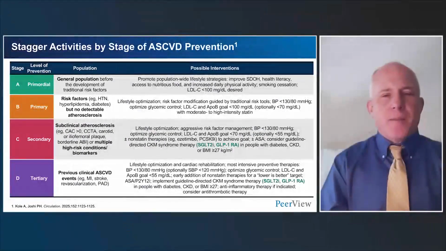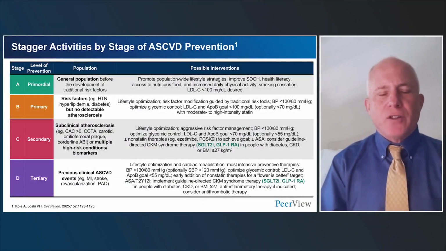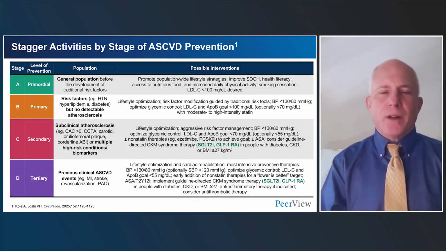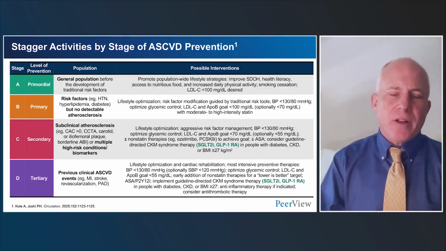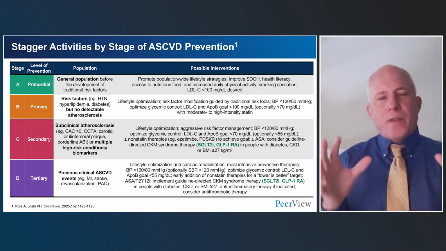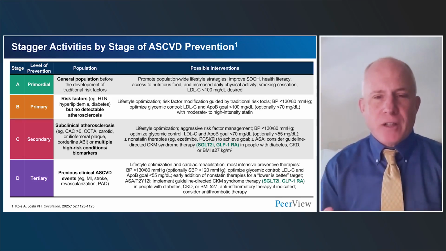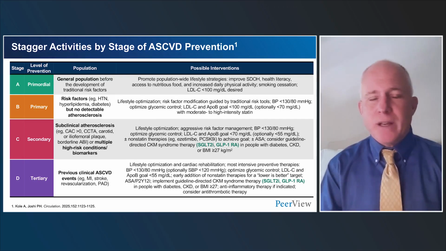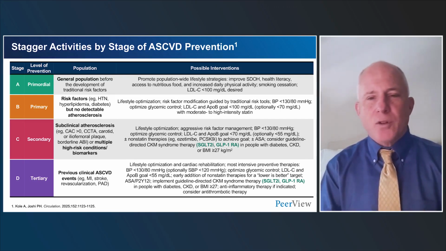So, as we start to think about how we implement these treatment changes, let's look at a staggered approach to prevention of atherosclerotic cardiovascular disease and CKM. So, thinking first at the very population level, let's make sure that we're optimizing those things that prevent the disease in the first place, that we have healthy places to live, we're addressing those areas of social determinants, we have safe places for our patients to exercise, be active, and getting healthy foods.